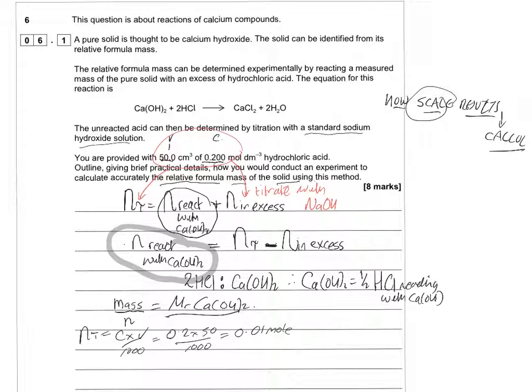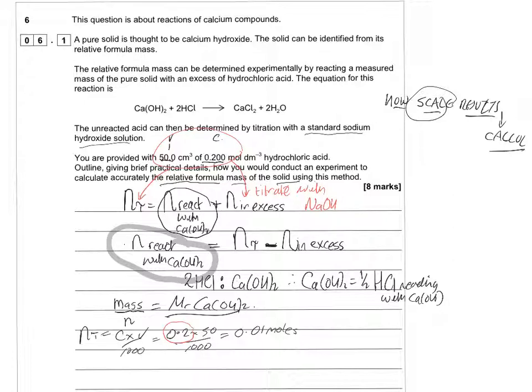So that is the maximum amount of HCl before even any calcium hydroxide reacted. So we know that the concentration of sodium hydroxide that we're going to use is going to be less than 0.2 moles per dm cubed.